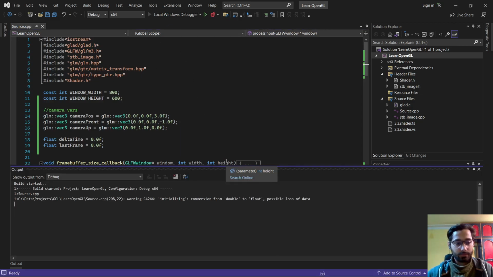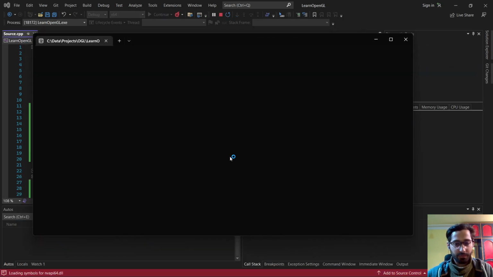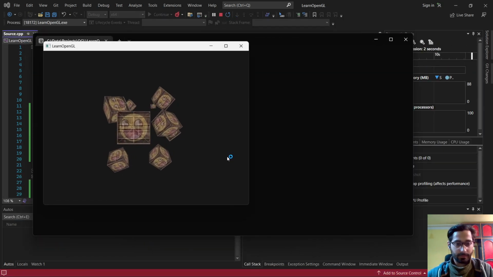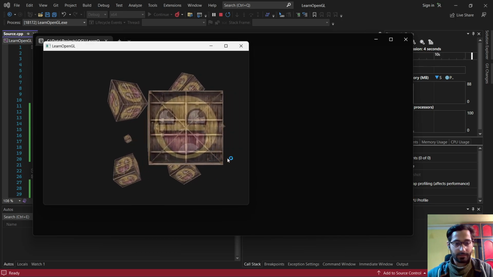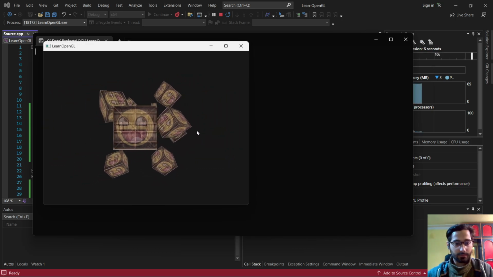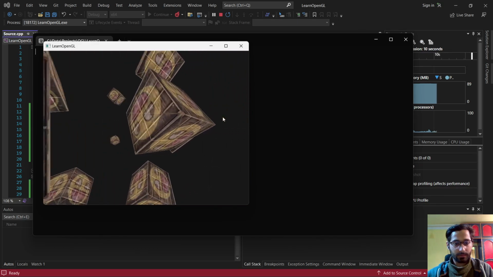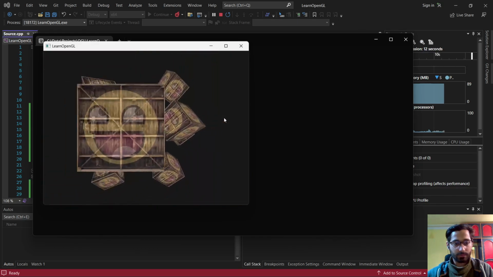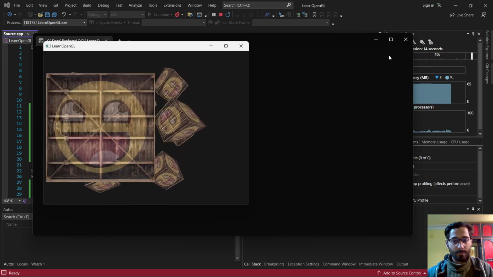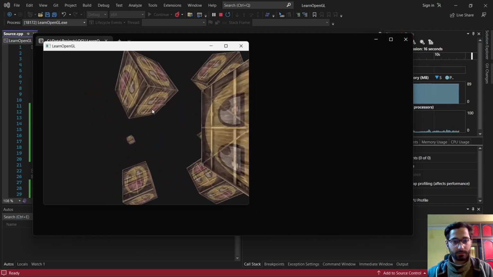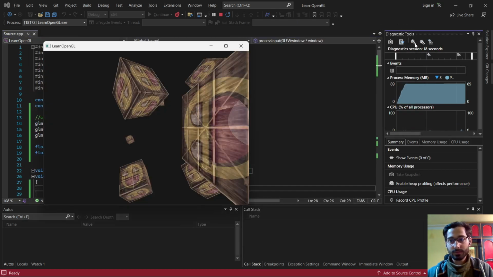And now the speed of the camera should be frame independent. We're not going to see much difference here, but if the frame rate was variable, or if this was a slower machine, it wouldn't run any slower. Cool. So that was delta time.